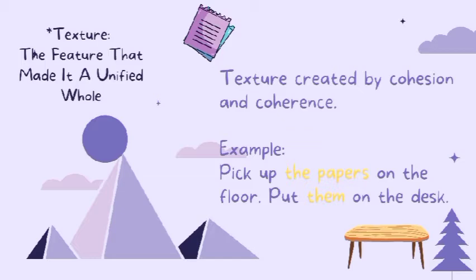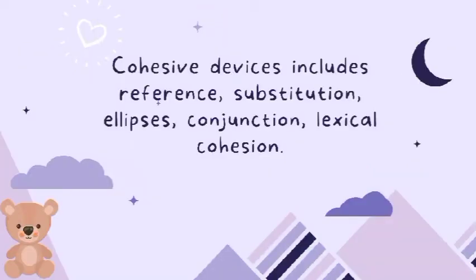We make a presupposition about the relationship between them and the papers, but it is not enough only to make a presupposition. Rather, that presupposition must be satisfied to create texture as shown in this example. There are five cohesive devices to create texture: reference, substitution, ellipsis, conjunction, and lexical cohesion.